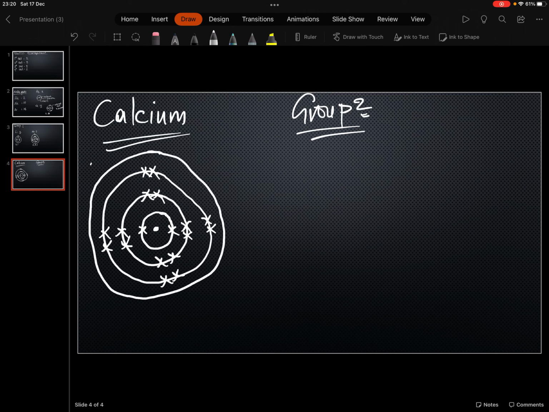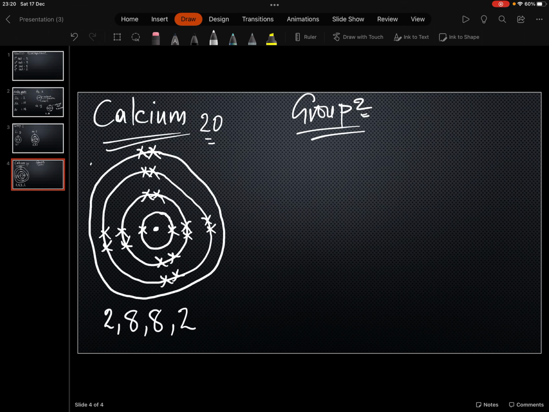This is quite big. And 2 in the fourth. If you count all the X's, you should get 20. So the electronic structure is 2, 8, 8, 2. Add them up, that should add up to 20. So that's the electronic arrangement of the first 20 elements on the periodic table.